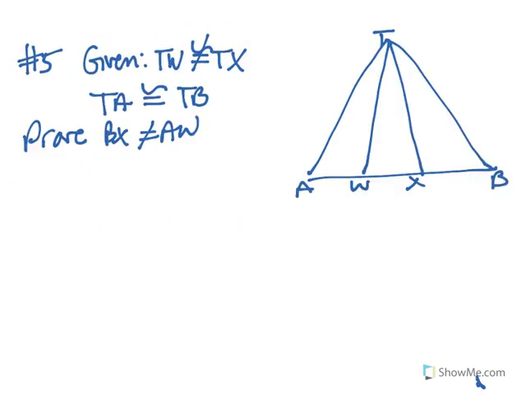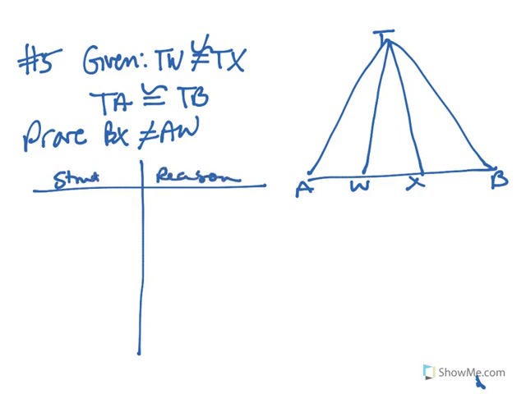Okay, here's number 5 from that same homework page. So you're going to do a proof, and we're going to say statement, reason, and so we're going to start with an assumption, and we're going to assume the opposite of our proof.